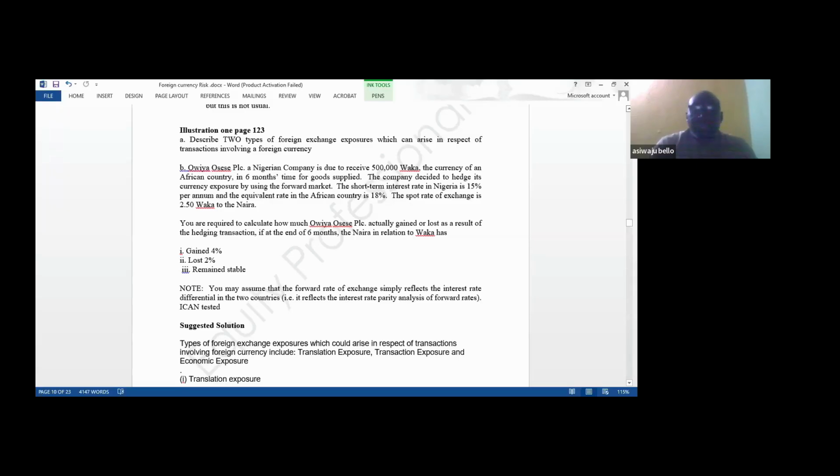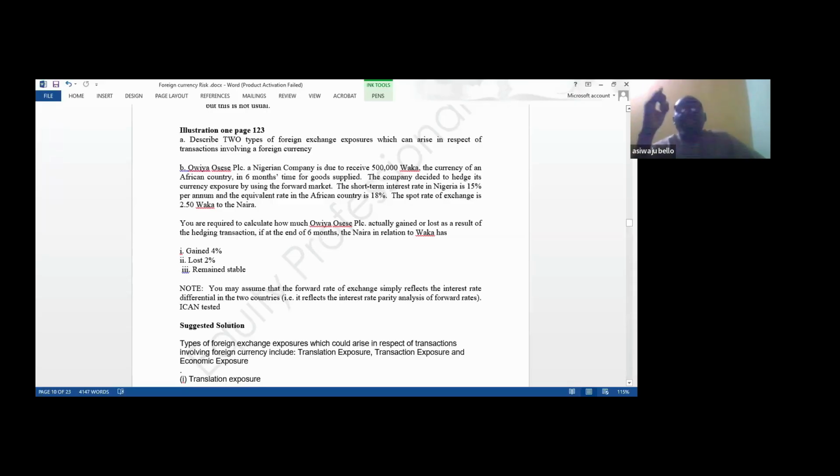The short-term interest rate in Nigeria is 15% per annum, and the equivalent rate in the African country is 18%. So we are given the interest rate in Nigeria and the interest rate in the African country.